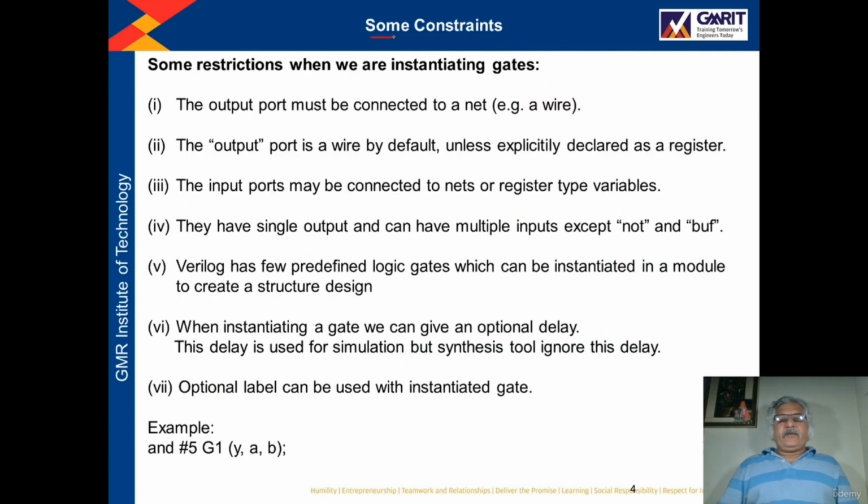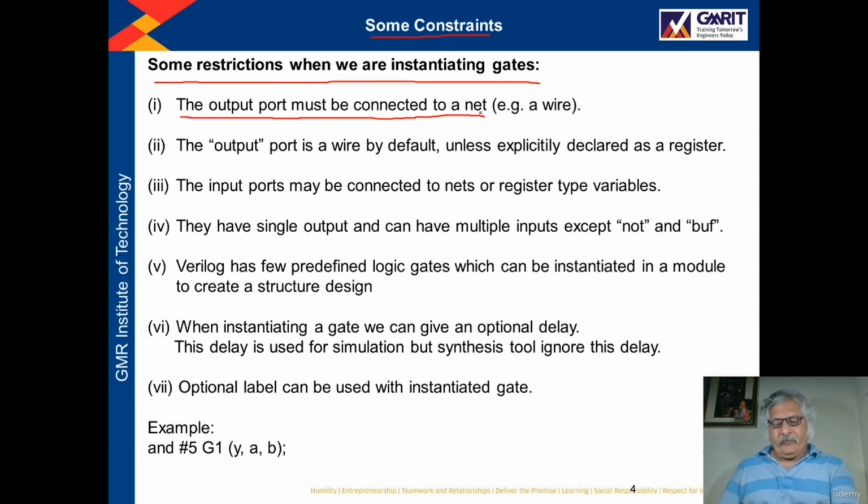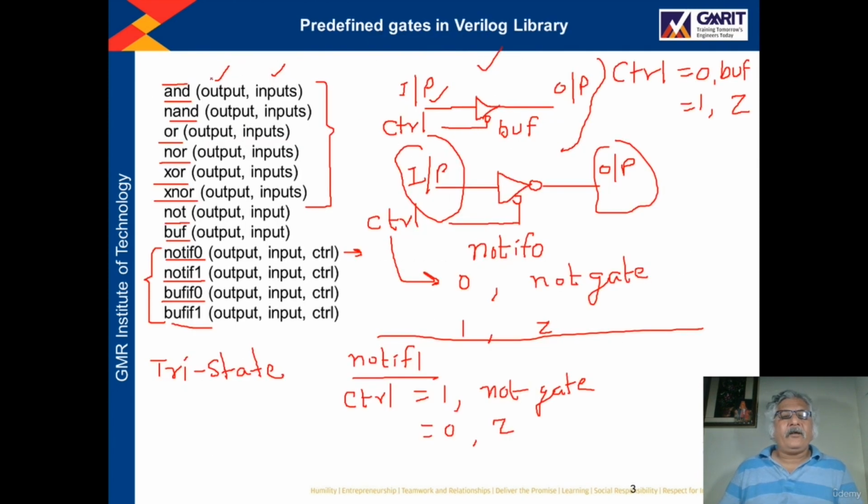Now there are some constraints, some restrictions when we are instantiating gates. The output port must be connected to a net, right? For example, wire is one of the categories of the net type. So whatever output you are mentioning in your instantiation, these outputs must be net type.